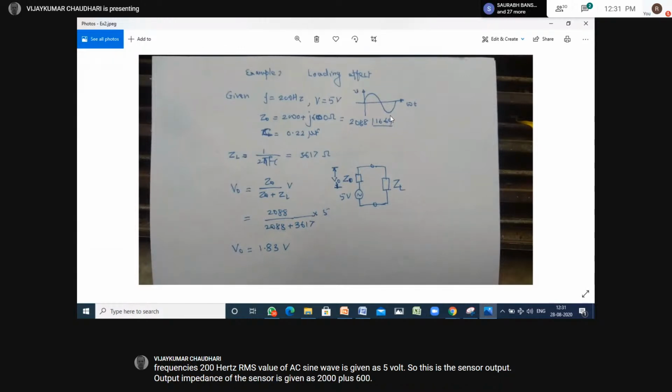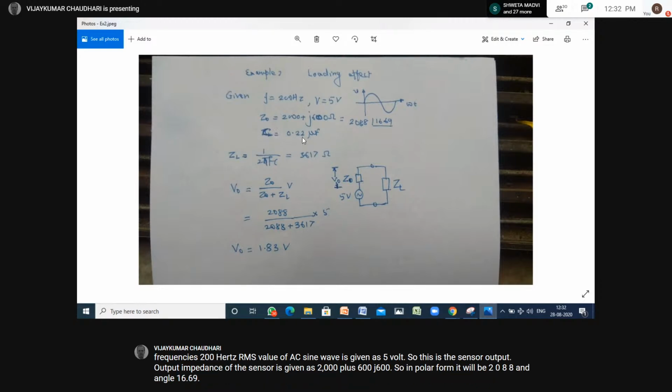Whereas ZL is the capacitive reactance. C is given as 0.22 microfarad, and therefore ZL will be XC, which is given by 1 upon 2 pi FC, F being 200 hertz.